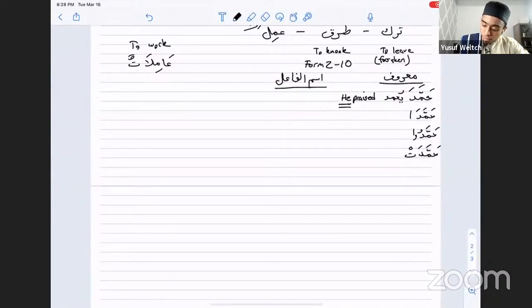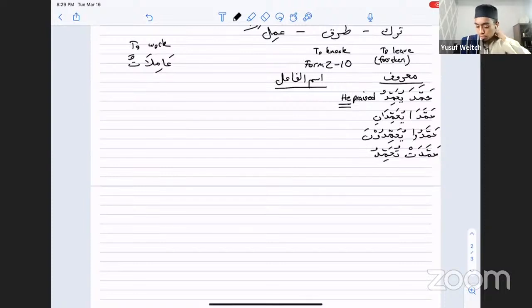Yuhammidu, Yuhammidani, Yuhammiduna. And then tuhammidu. The ta being an indicator to the feminine, as opposed to the ya before it, which are masculine.